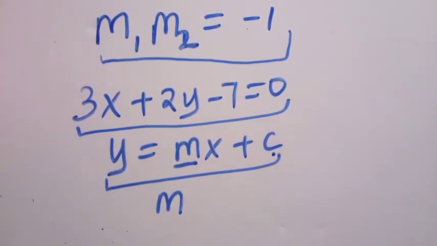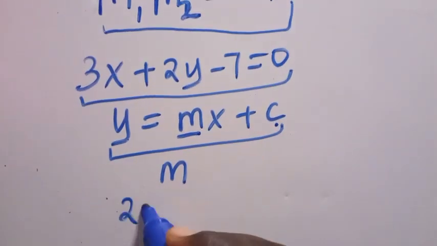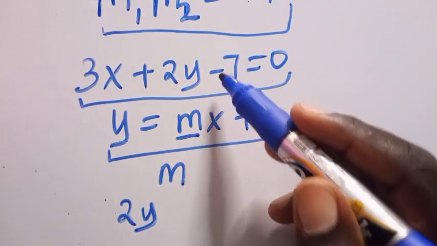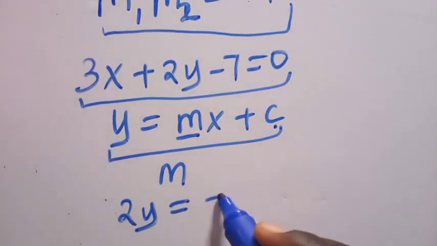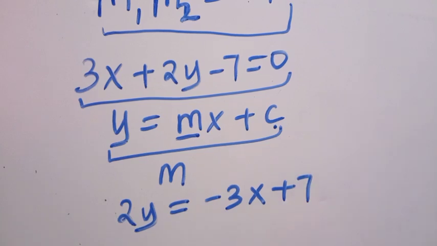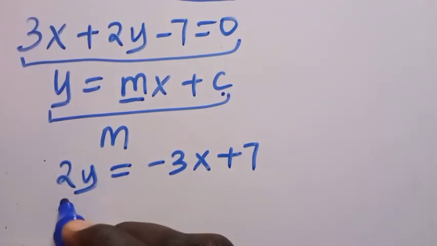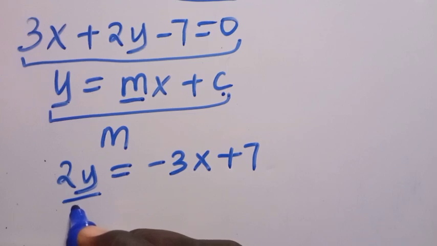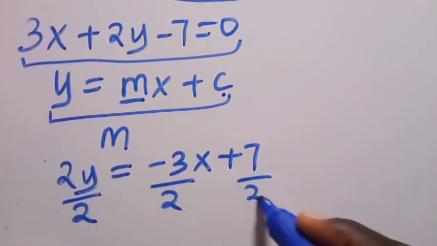Now, in this case, we shall have 2y. If we take everything to the other side, we shall have 2y = -3x + 7. For us to have y alone, we divide by 2 on both sides.